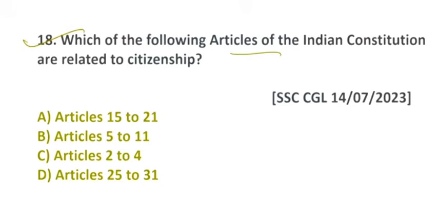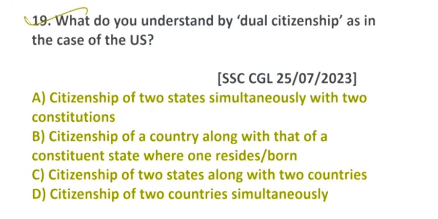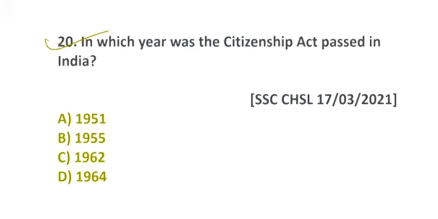18. Which of the following articles of the Indian Constitution are related to citizenship? Option number B is the correct answer, Article 5 to 11. 19. What do you understand by dual citizenship as in the case of the US? Option number B, citizenship of a country along with that of a constituent state where one resides. 20.